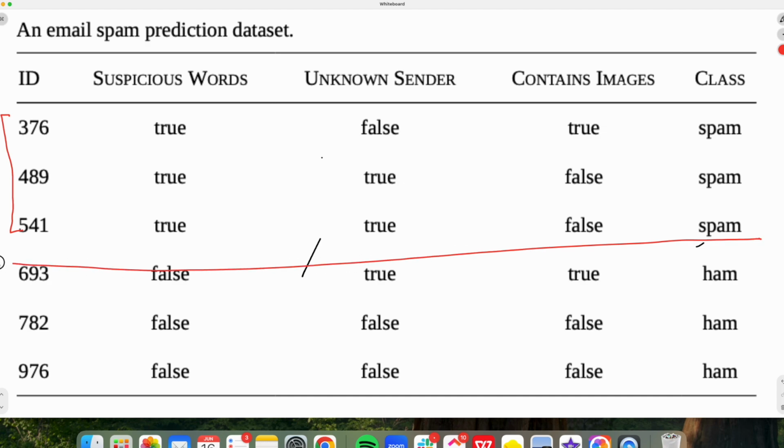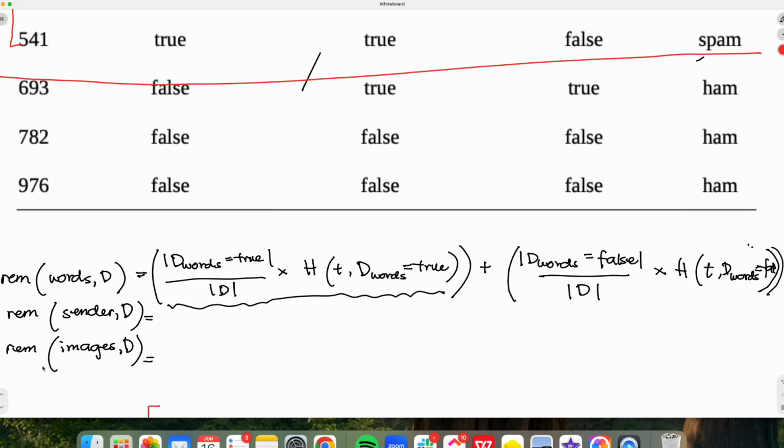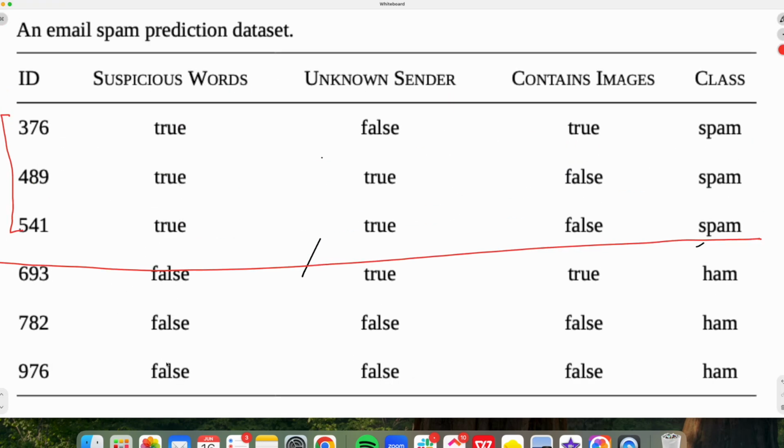Only here. The first three, since these are the only suspicious words that is equal to true. Therefore, we have 3 suspicious words is equal to true over 6. 6 of them in total. 1, 2, 3, 4, 5, 6.